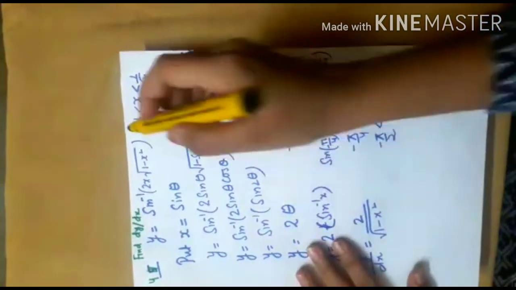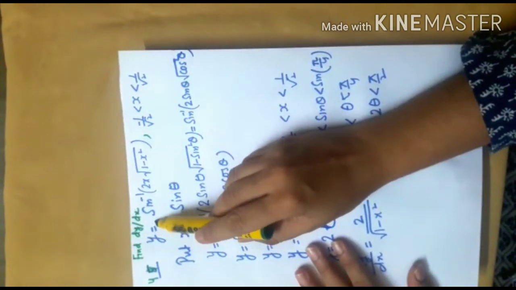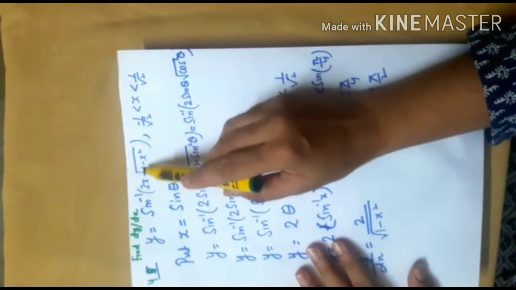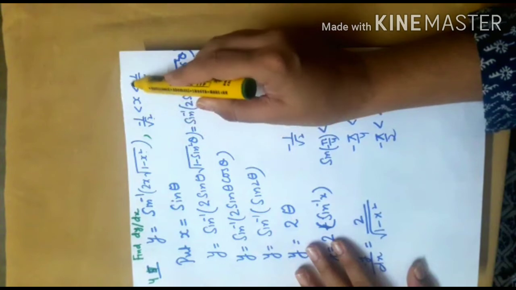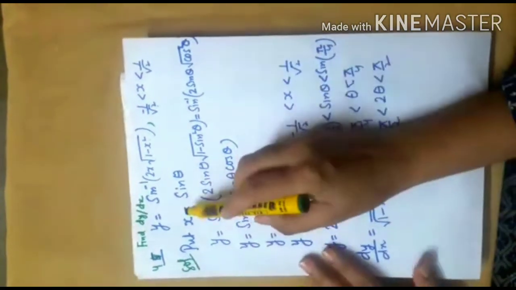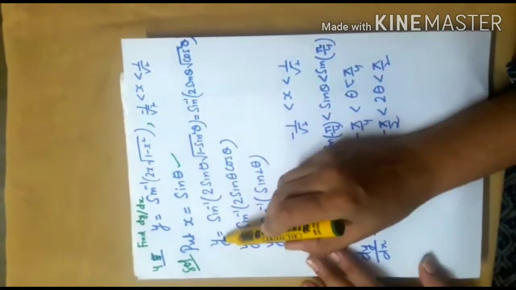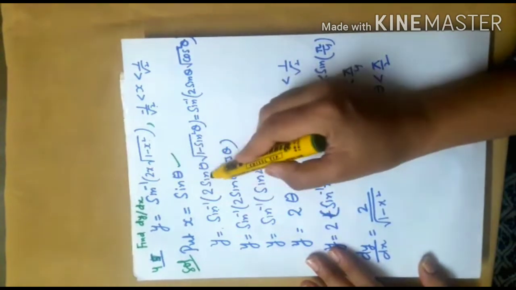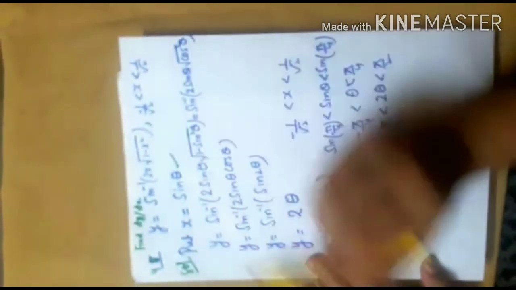Let's take another question. Find dy by dx when y is equal to sine inverse of 2x into root 1 minus x square, where x is greater than minus 1 over root 2 and less than 1 over root 2. Yes, I'll put x is equal to sine theta. So this will be y equals sine inverse of 2x, and x is sine theta, into root 1 minus sine square theta.